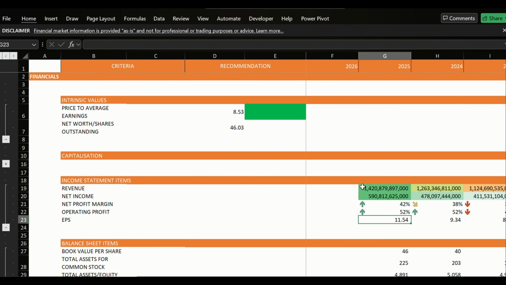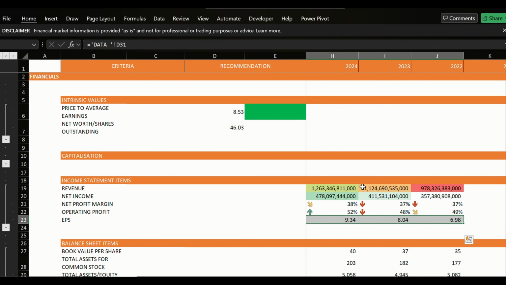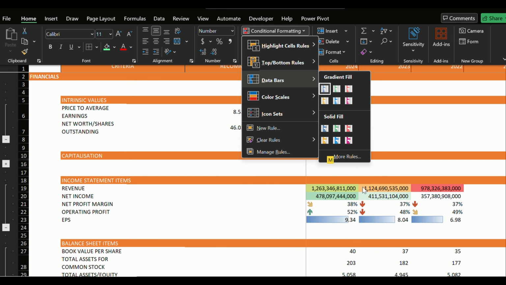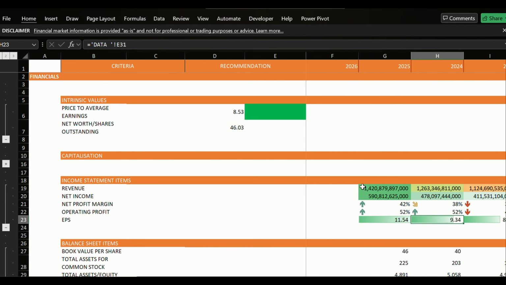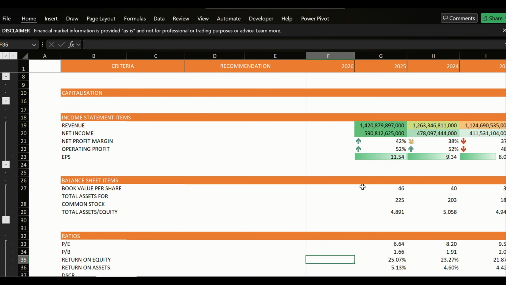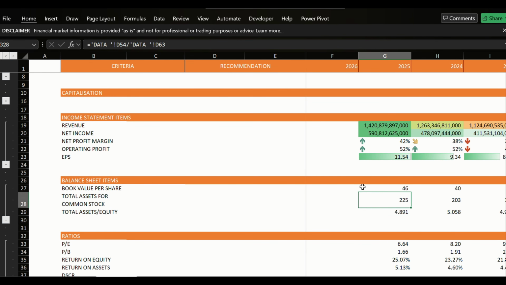So for earnings per share, let me just put a color scale. Alt HM, data bars. You see that says about it.